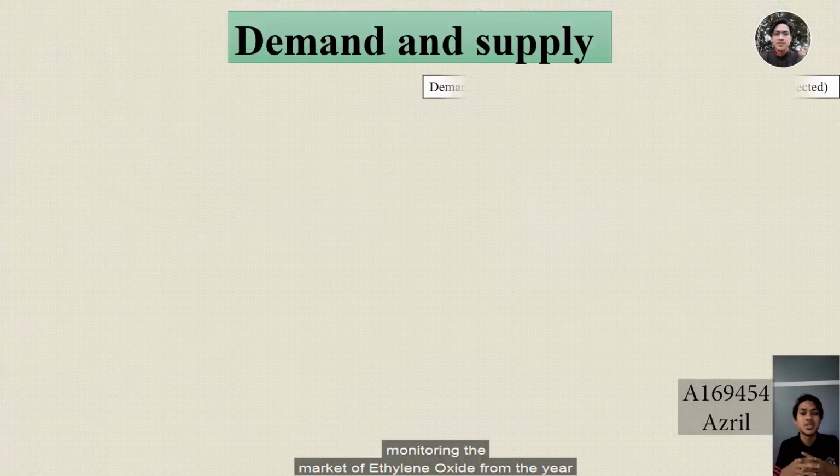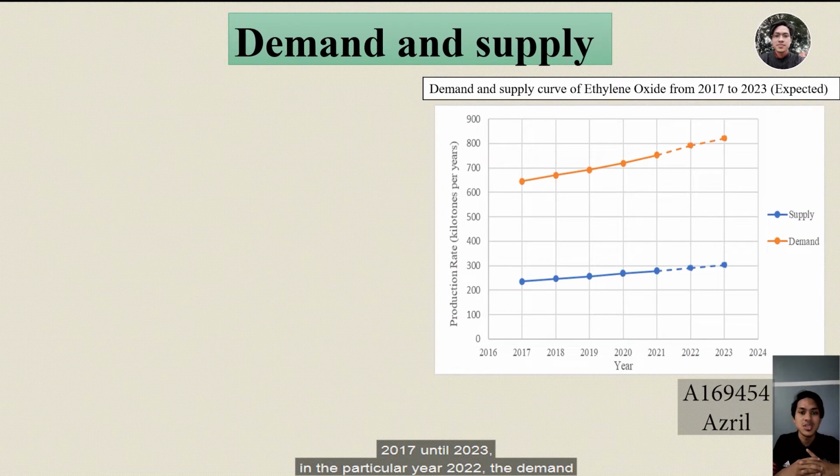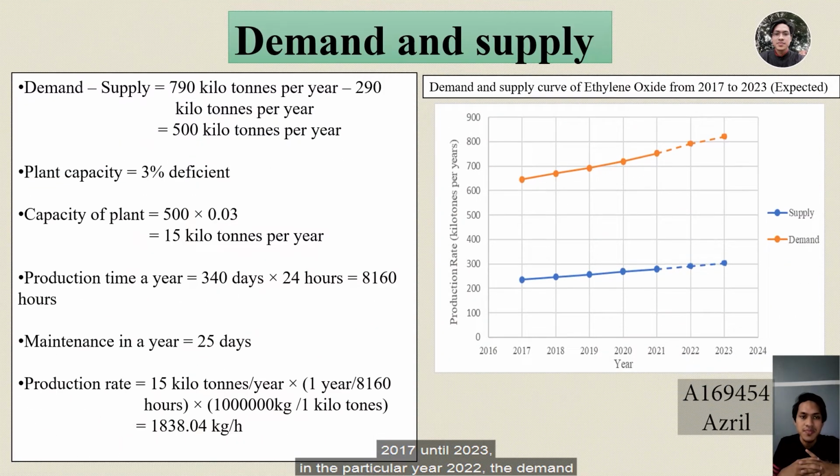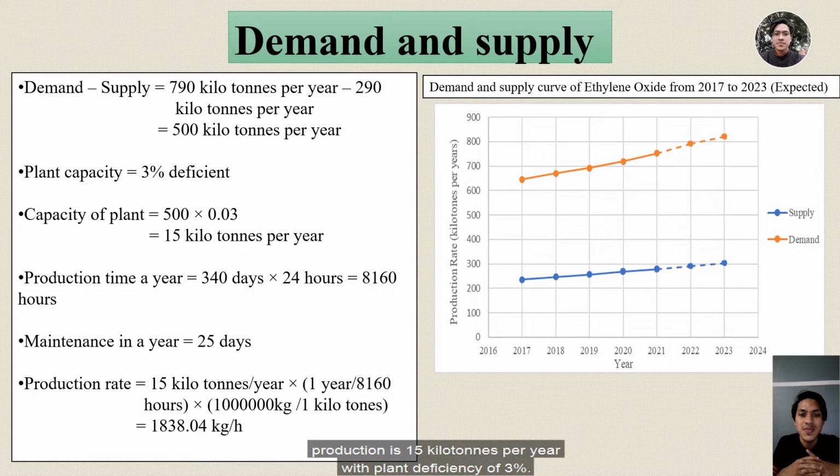After monitoring the market of ethylene oxide from the year 2017 to 2023, in the particular year 2022, the demand is 790 kilotons per year with 290 kilotons of supply. The difference between demand and supply is 500 kilotons per year in 2022. The plant capacity of our ethylene oxide is 15 kilotons per year with a plant efficiency of 3%.